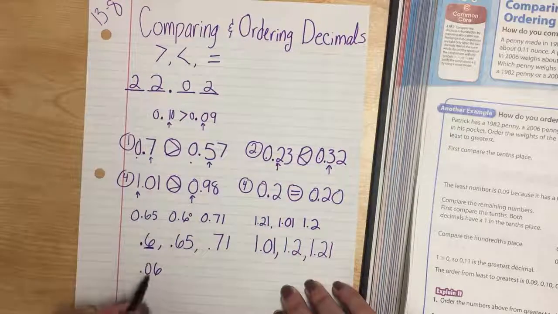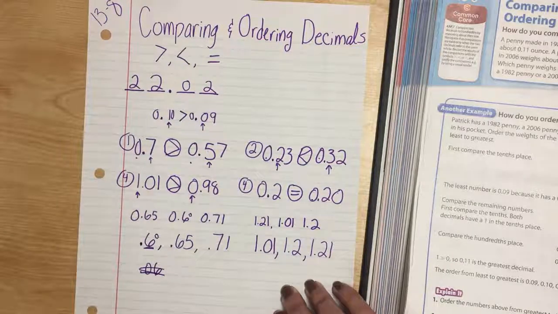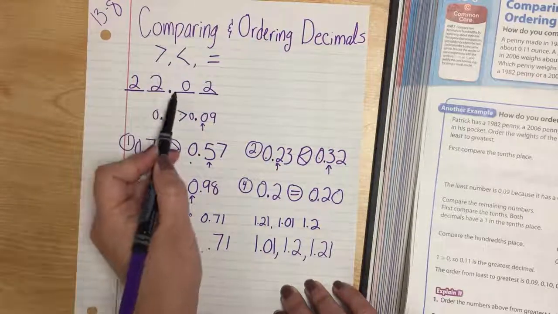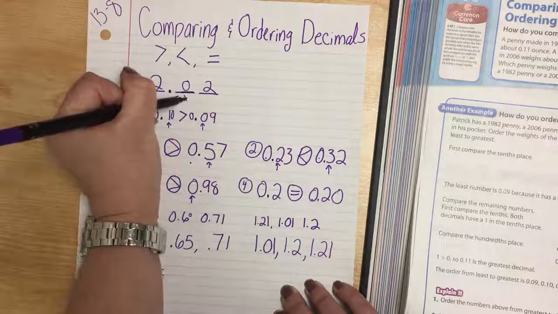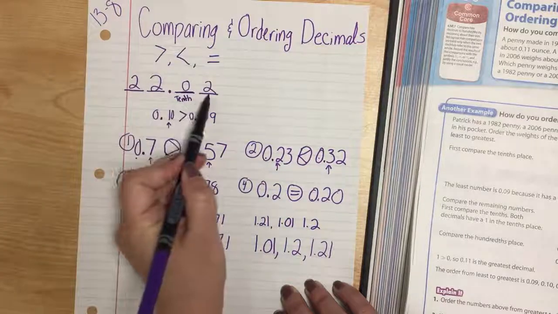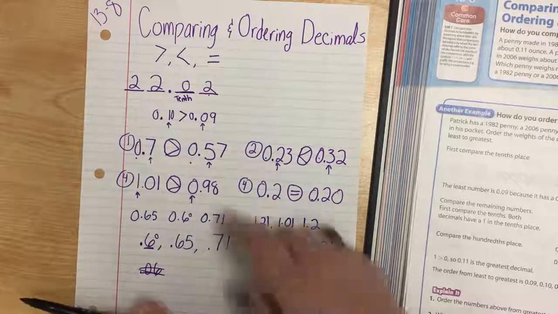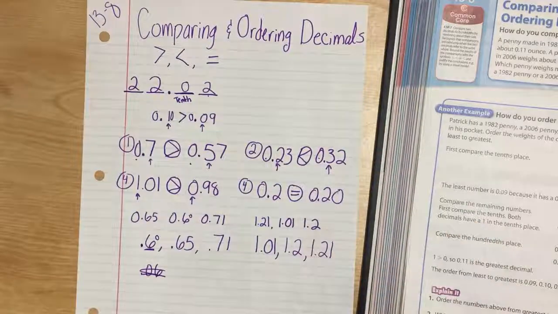This represents 60. So if it helps your brain, you can add a little 0. But always know that the first one after the decimal is your 10th spot. And then here is your 100th. So if there's a 0 there, it's there for a reason. If it's just a regular number and nothing after it, put a 0 in your mind, okay? We have to rewrite the whole problem, right?